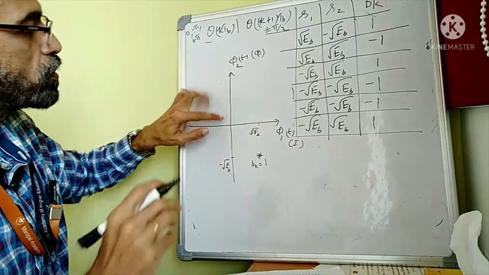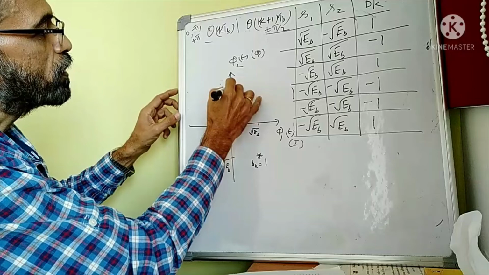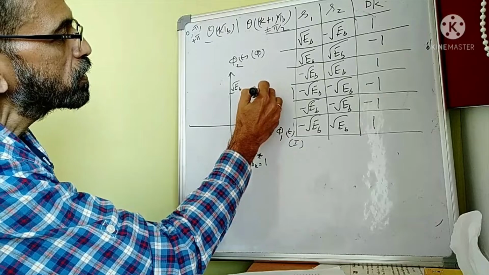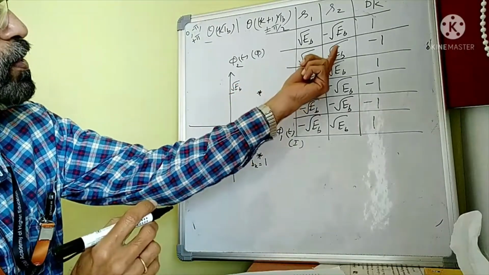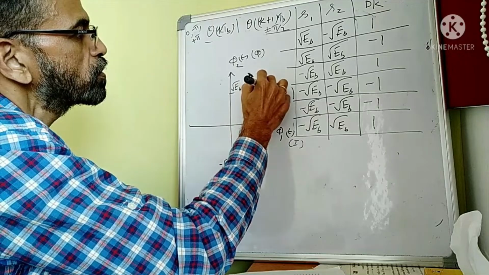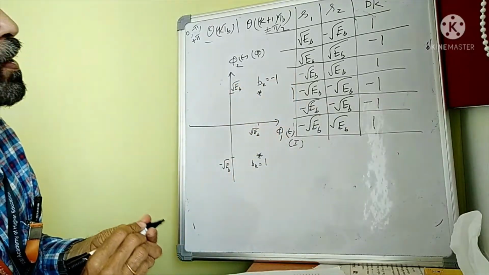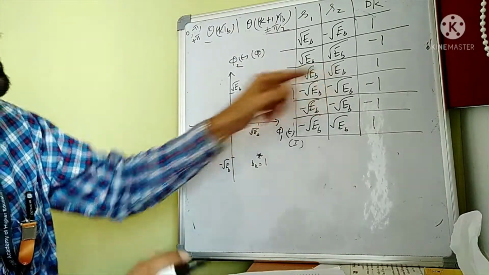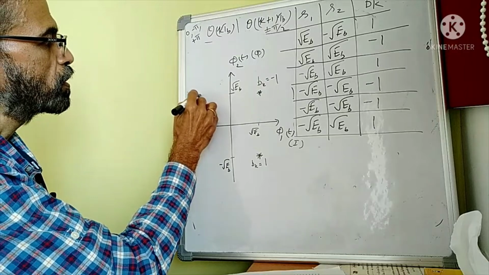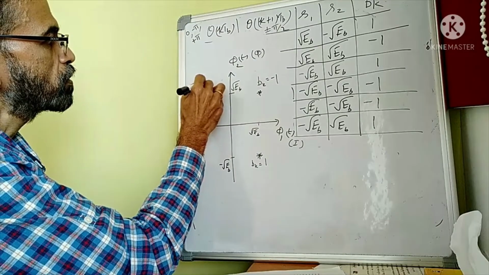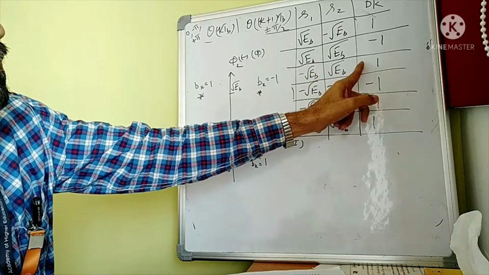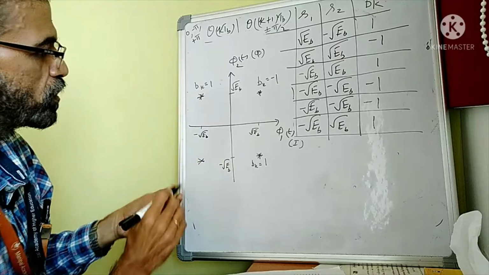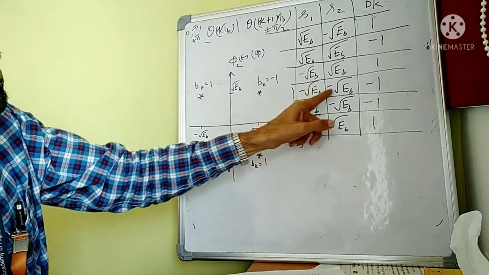Root EB, S2 root EB represents this point, and this is the point represented by this combination, and that is bk minus 1. S1 is minus root EB, S2 is root EB, again bk 1, and then you have minus root EB, minus root EB, that is minus 1.